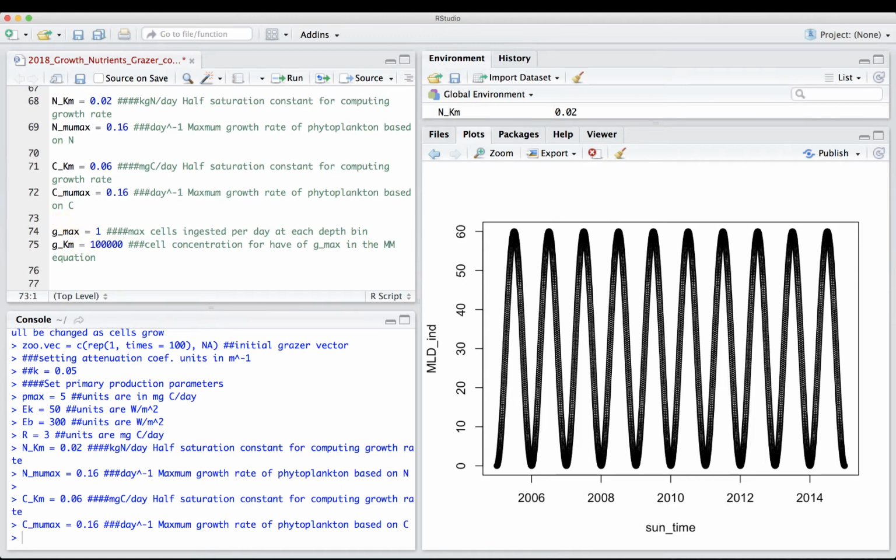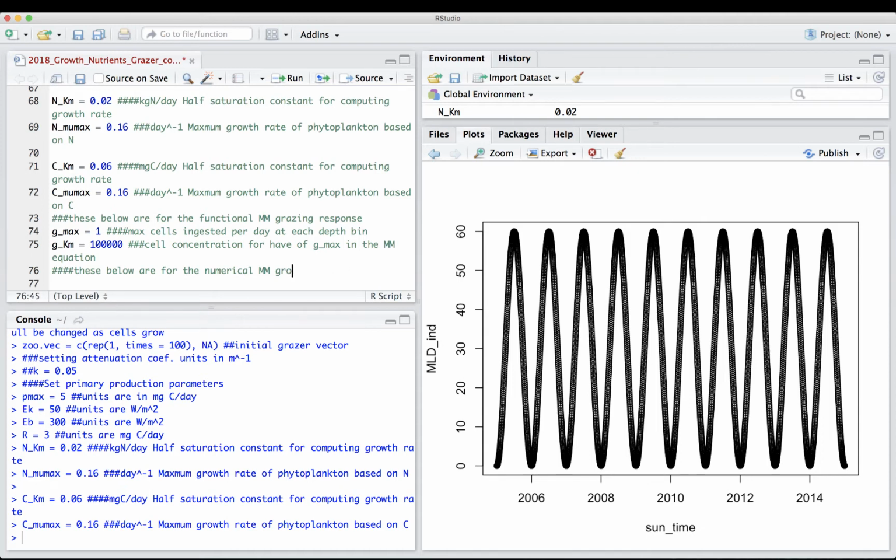So these below are for the functional Michaelis-Menten response. These below are for the numerical Michaelis-Menten growth response.